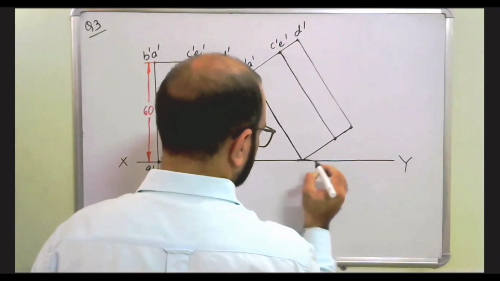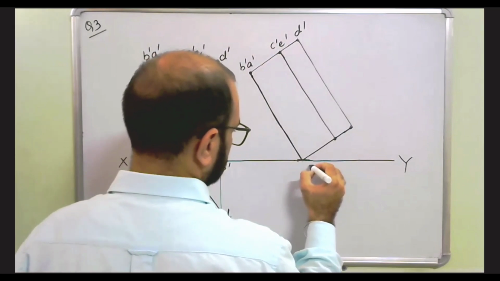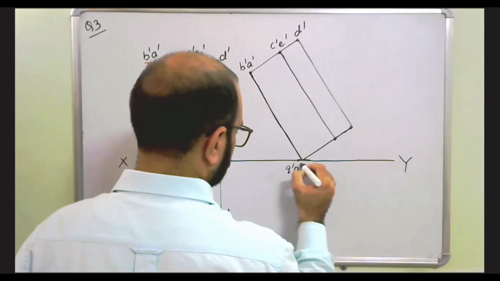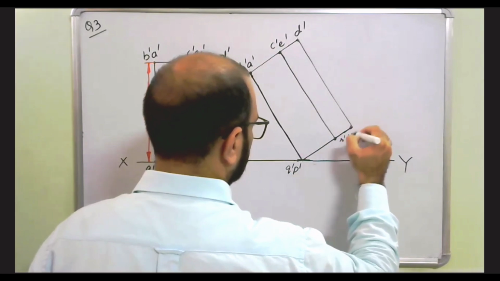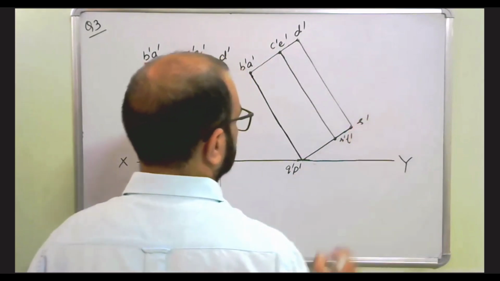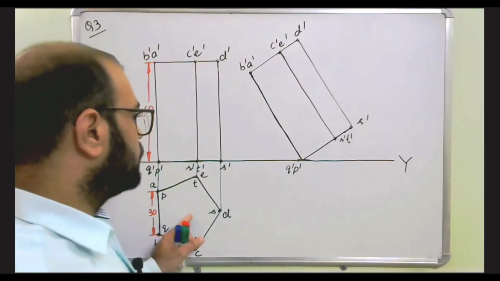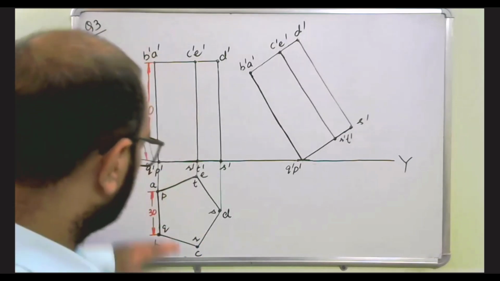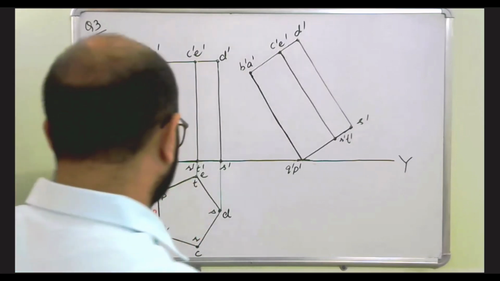Similarly, this is Q dash, P dash. This is R dash, T dash, and this is S dash, right? So now after this, you have to draw the projection lines. So horizontal projection lines from these 5 points, let us draw.